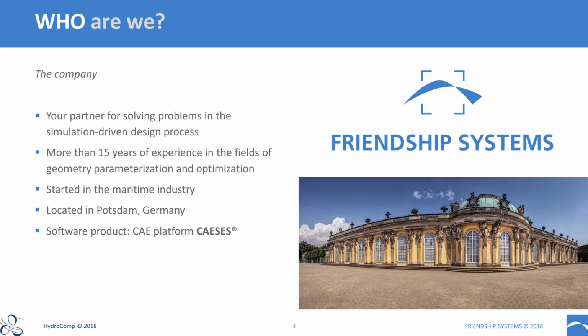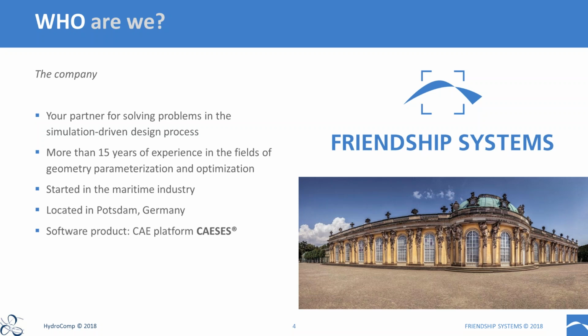Let me get started with my side about the company FRIENDSHIP Systems. We have been working for about 15 years, specifically in the fields of geometry parametrization and optimization. We basically partner up with our customers to solve any kind of problems that they encounter in a so-called simulation-driven design process or performance-driven design process.